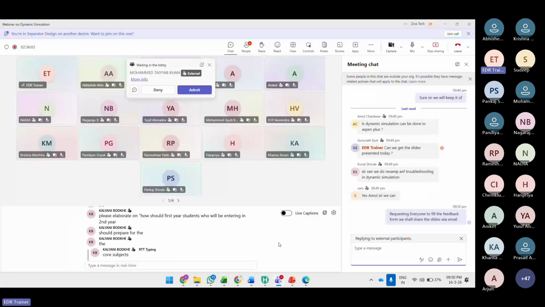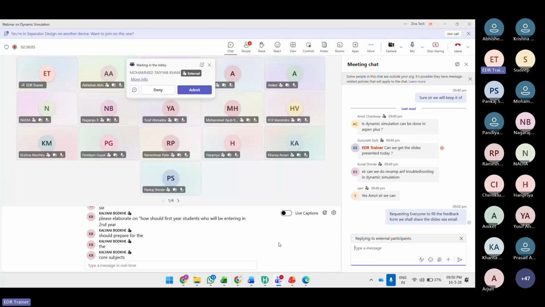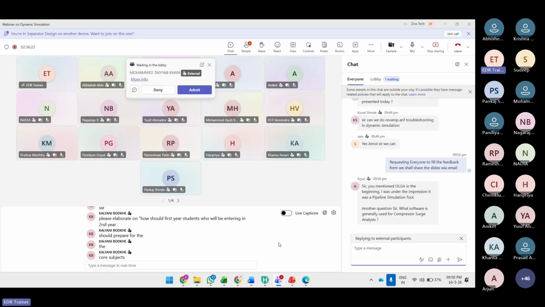Dynamic simulation can definitely be done in Aspen Plus. It also follows the same principle that Aspen HYSYS follows. The only thing is that even for steady state, Aspen Plus runs slightly differently than Aspen HYSYS.